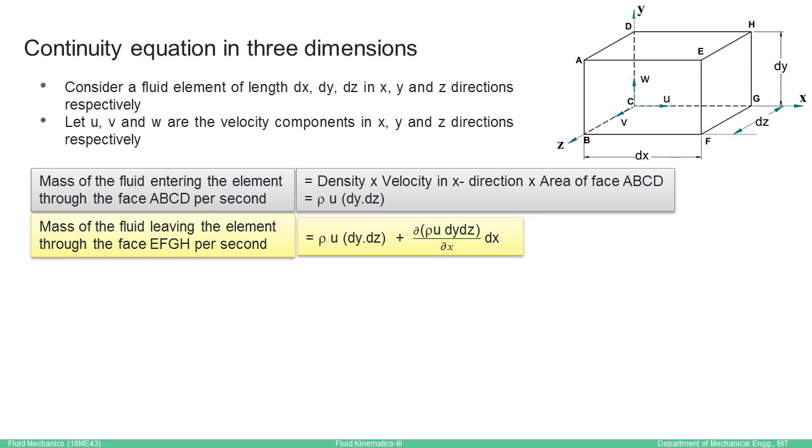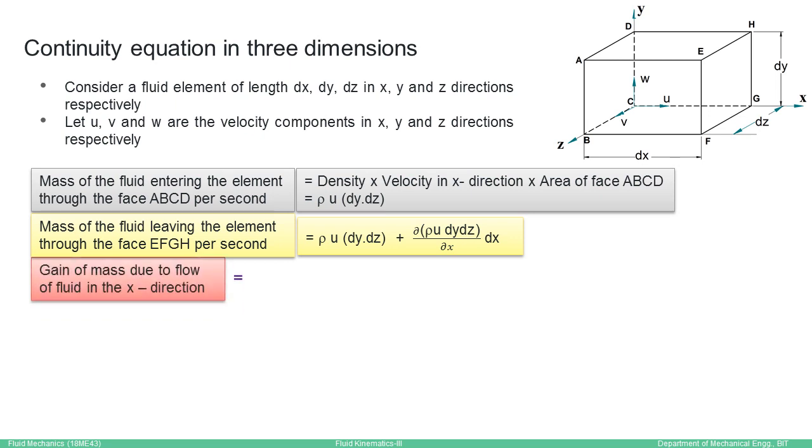So the second term here gives the incremental value of mass of fluid leaving the face EFGH per second. So it is like the differential of mx with respect to x: mx plus ∂mx/∂x into dx. dx is the position change, that is the dimension of the element in x direction.